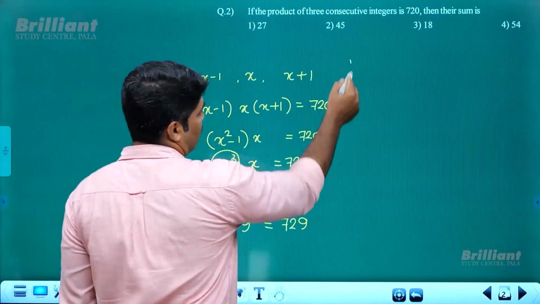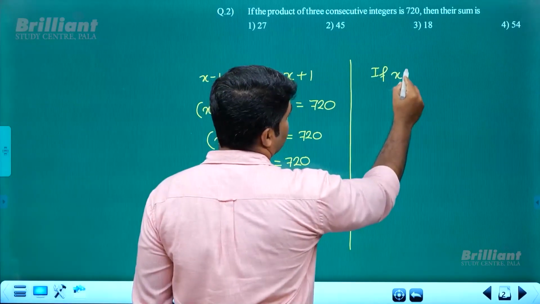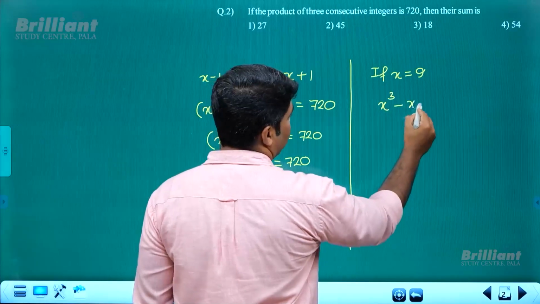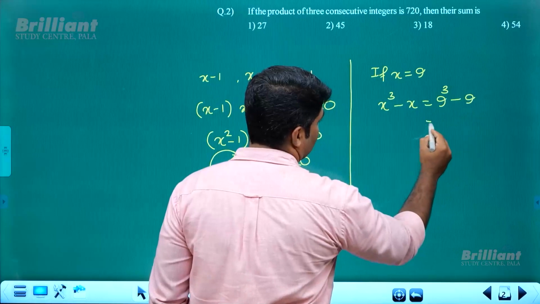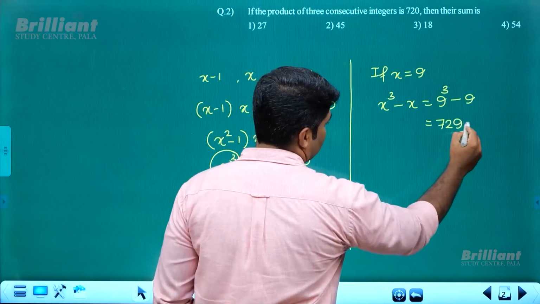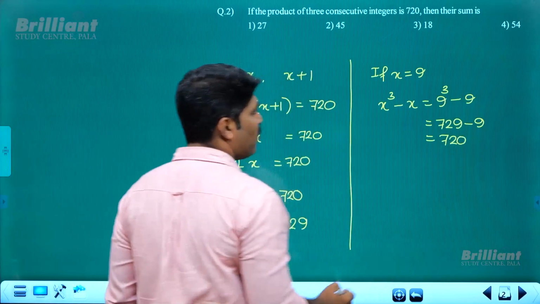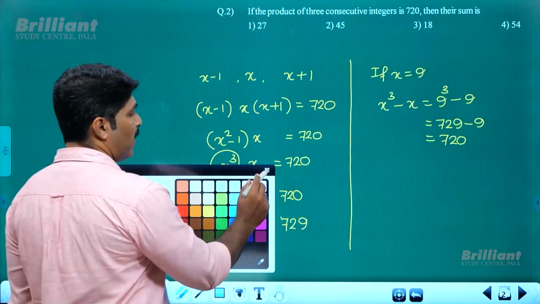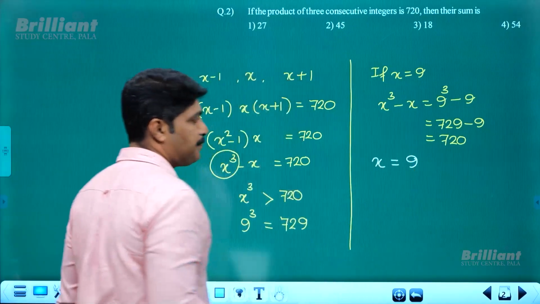If x equal to 9, then x cube minus x is simply 9 cube minus 9, which is 729 minus 9, that is 720. Yes, it's matching. So we reach the conclusion that the suitable value is x equal to 9.